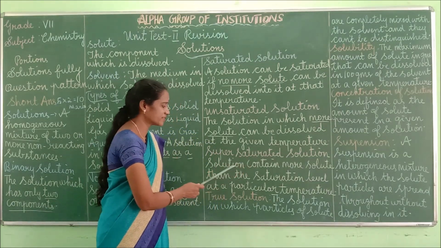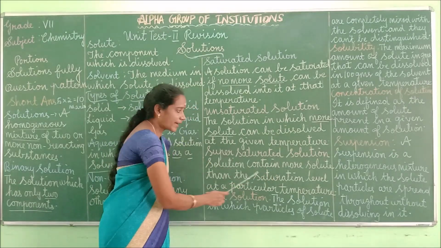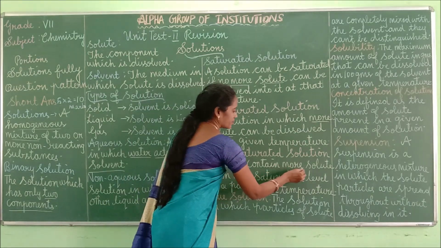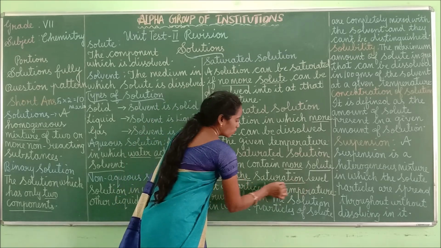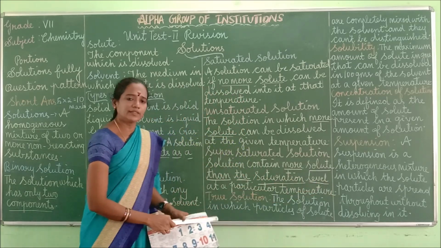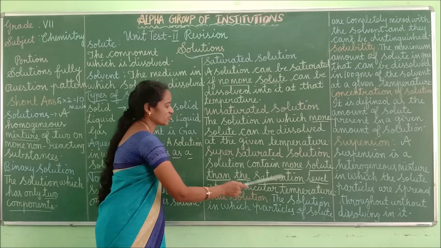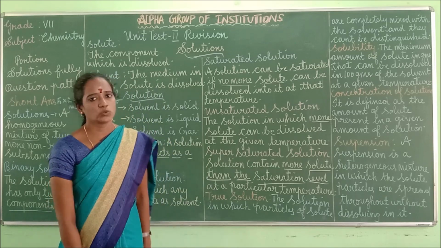Supersaturated solution means a solution contains more solute than the saturation level. This line is very important. A solution which contains more solute than the saturation level at a particular temperature, such solutions are called supersaturated solution.